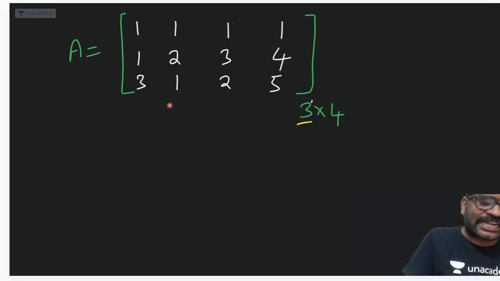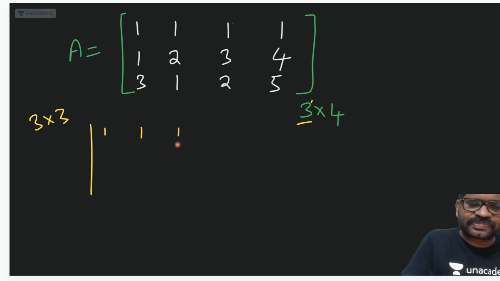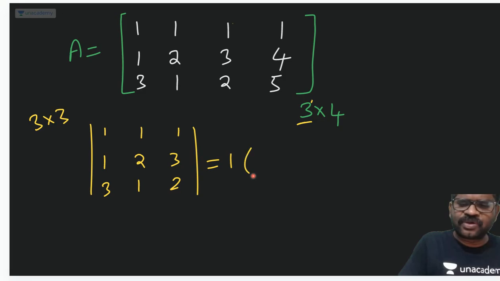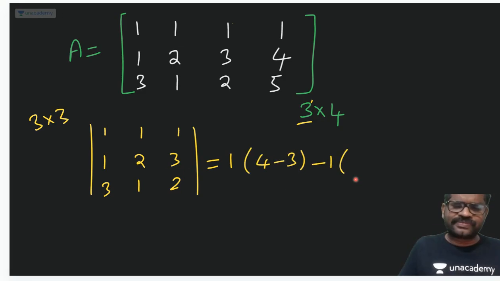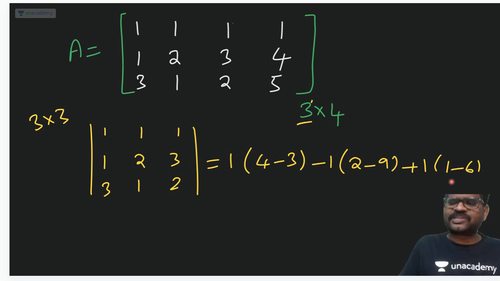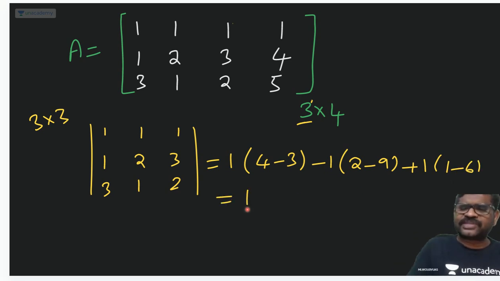Now select one 3 cross 3 minor and verify its value. 1 1 1, 1 2 3, 3 1 2. Now 1 of (4 minus 3) minus 1 of (2 minus 9) plus 1 of (1 minus 6). 4 minus 3 is 1. 2 minus 9 is minus 7.